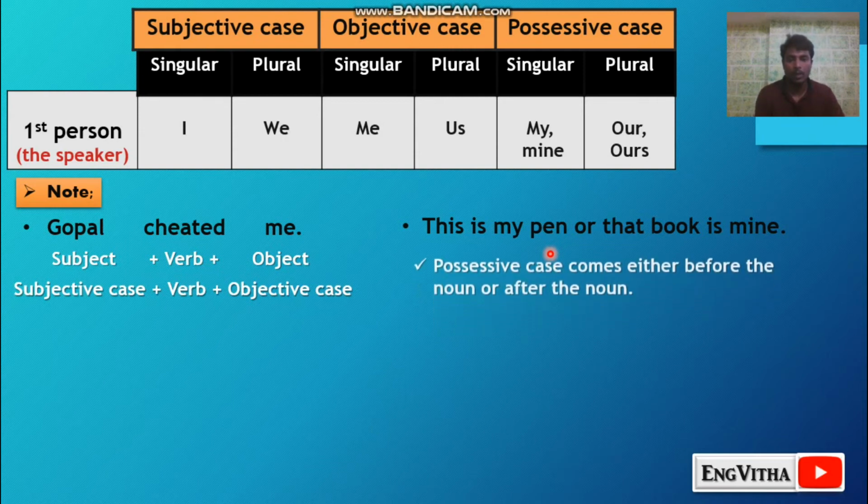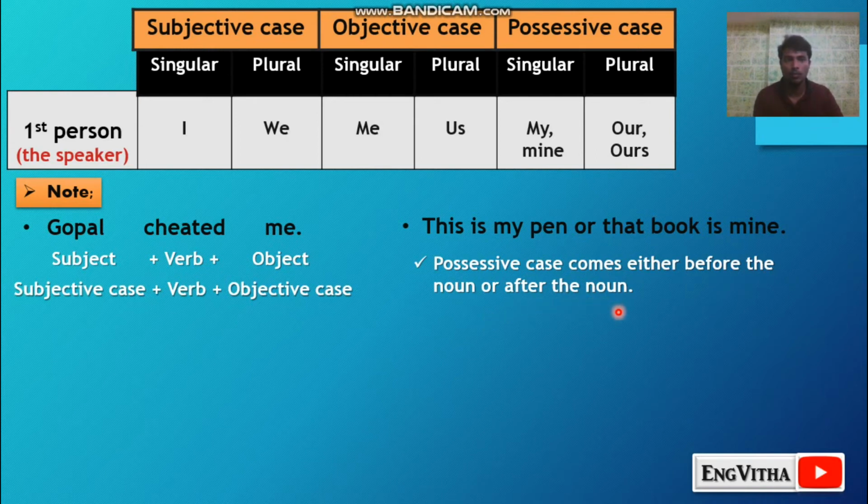So the possessive case comes either before the noun, as in this is my pen, or after the noun, as in that book is mine. So the possessive case in any sentence comes either before the noun or after the noun.